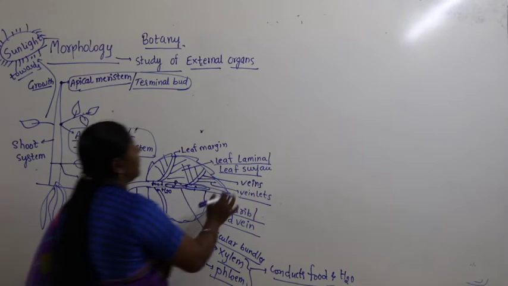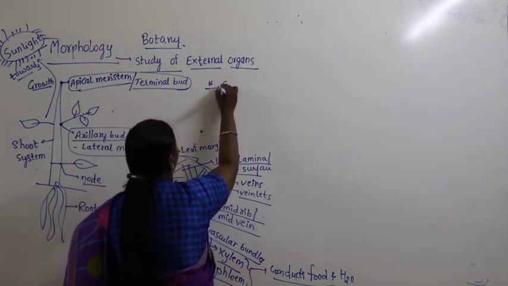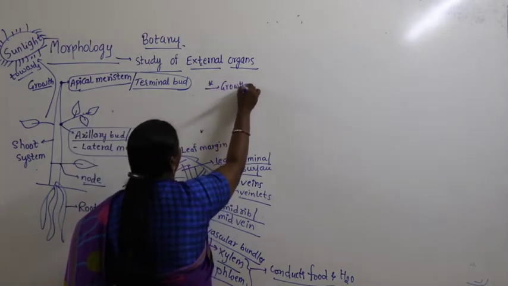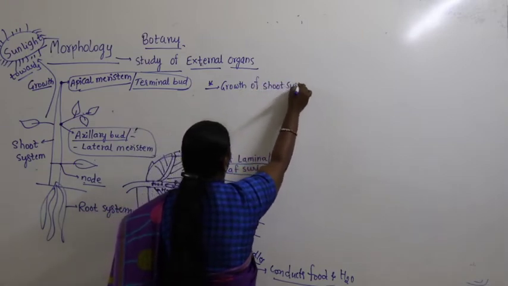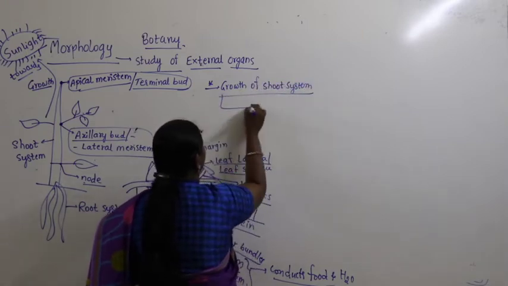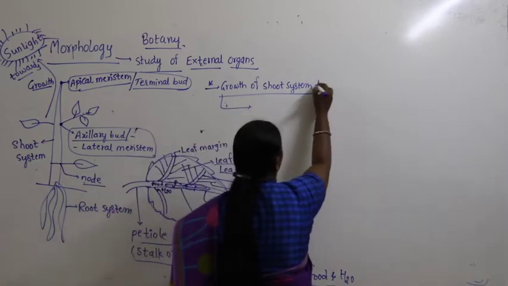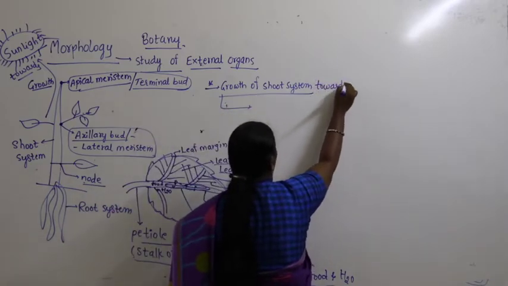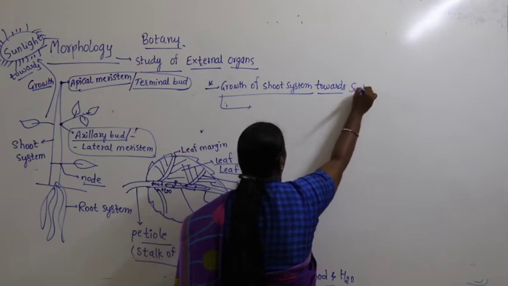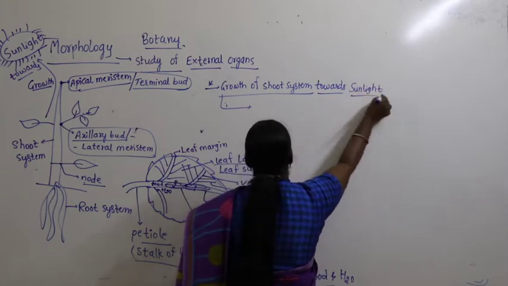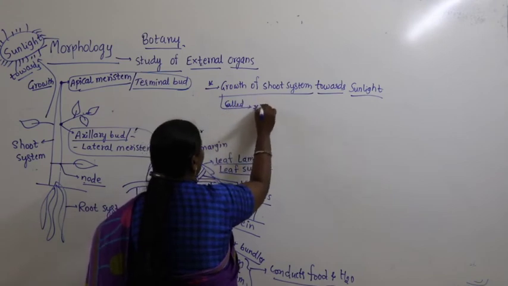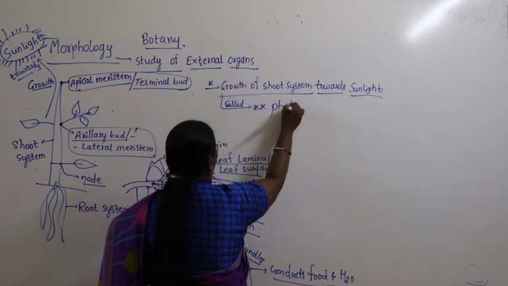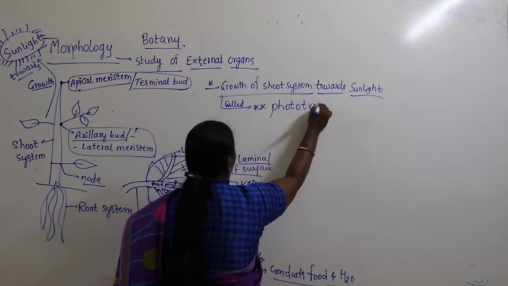So, I write very clearly here, growth of shoot system, it's called towards sunlight, phototrophism.